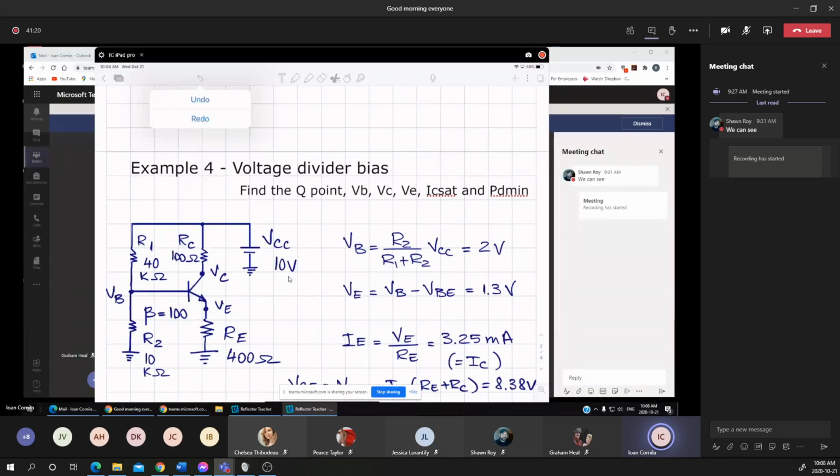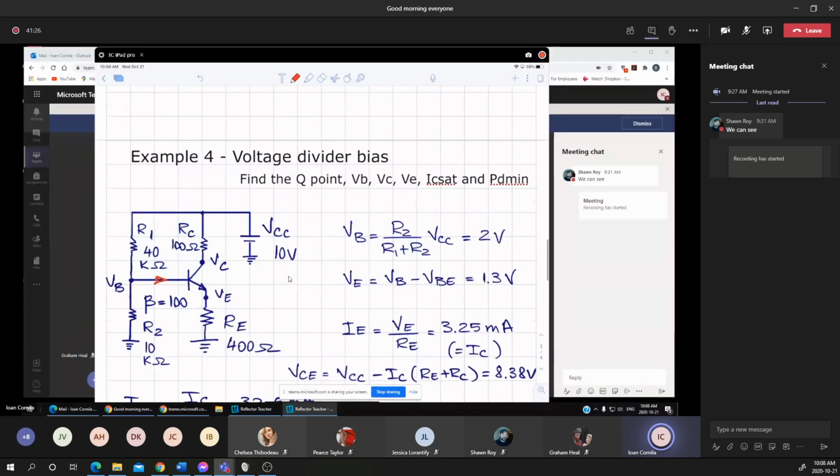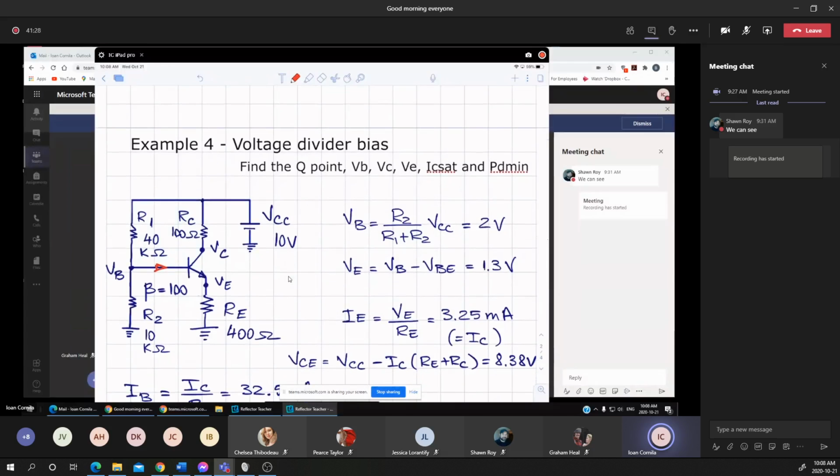And remember that in order to make the circuit a stiff divider, or voltage divider, I have to make sure that the IB is much less than the current that flows through R1, R2.